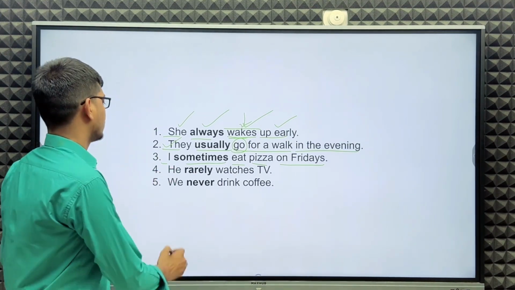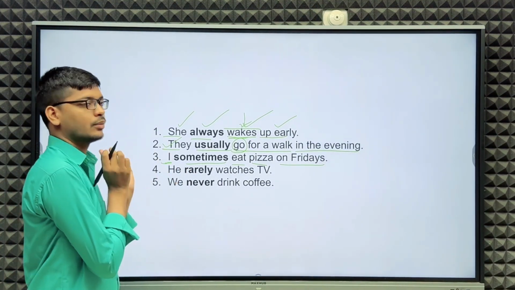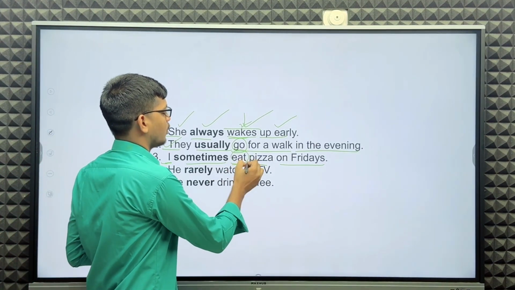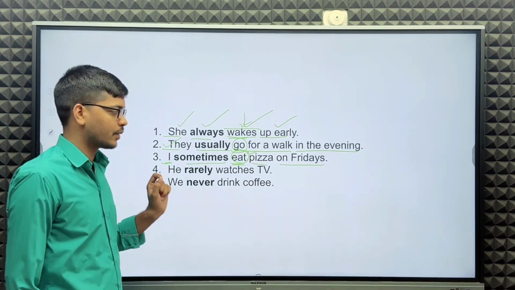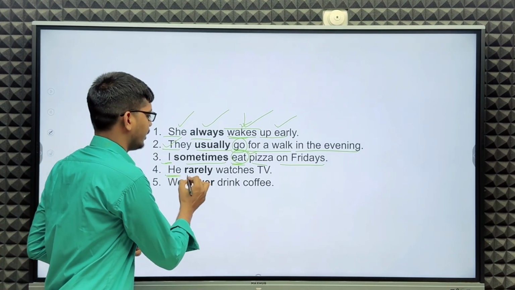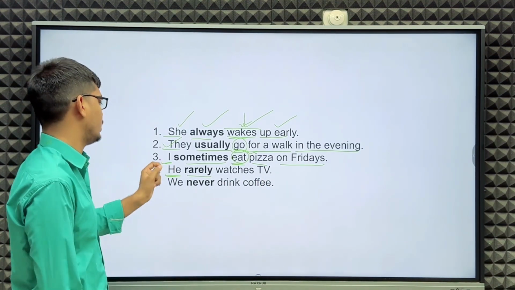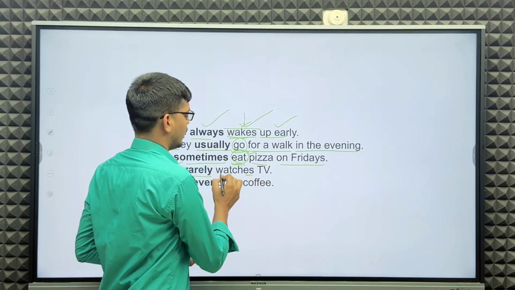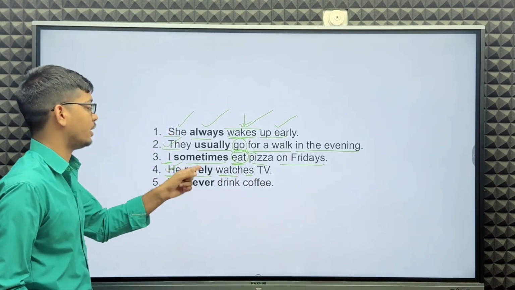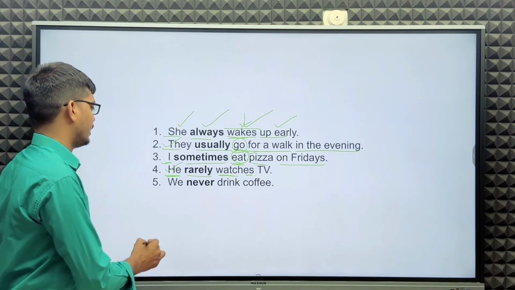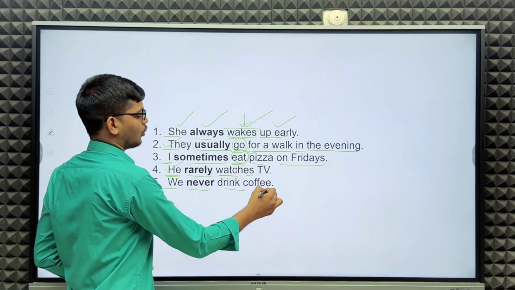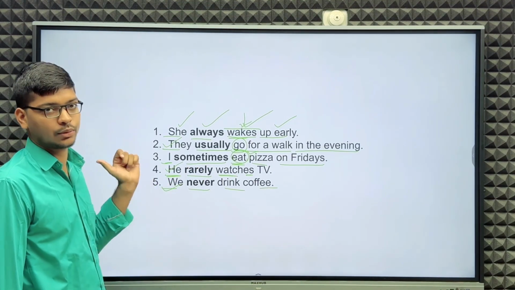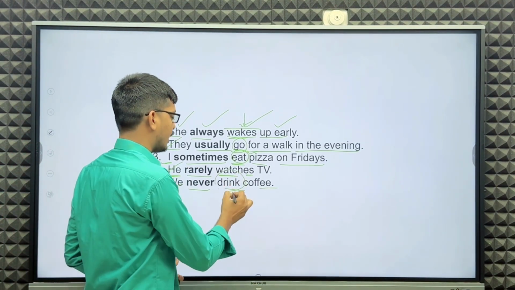I takes only the base form of the verb, like eat. Next, he rarely watches TV. So he, singular subject, so we have to use s or es at the end of the verb. He rarely watches TV. Next, we never drink coffee. We takes only the base form of the verb, like drink.